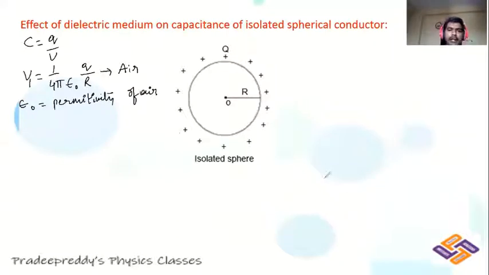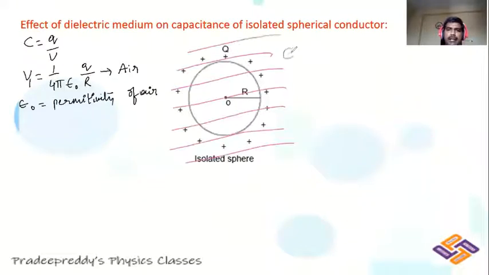Now what I do, I'll take this spherical conductor and place it in some other medium. Its permittivity is epsilon. Now, when you are placing it in another medium whose permittivity is epsilon, how do you write potential? V1 dash is equal to 1 by 4 pi epsilon Q divided by R. Nothing has been changed except the permittivity.